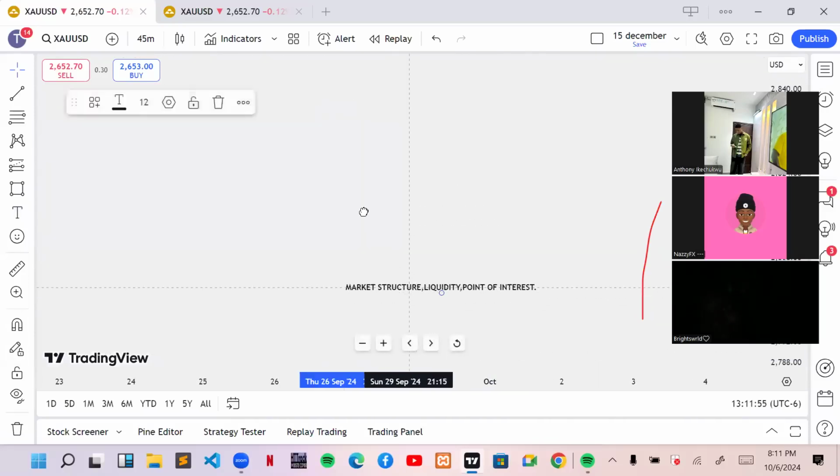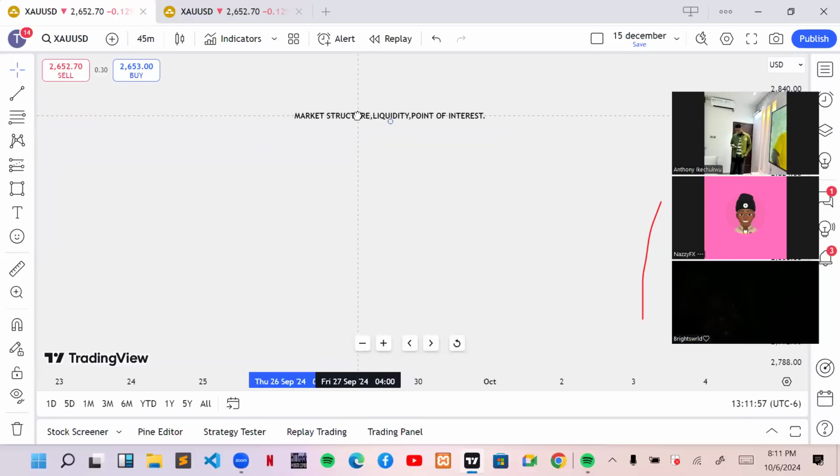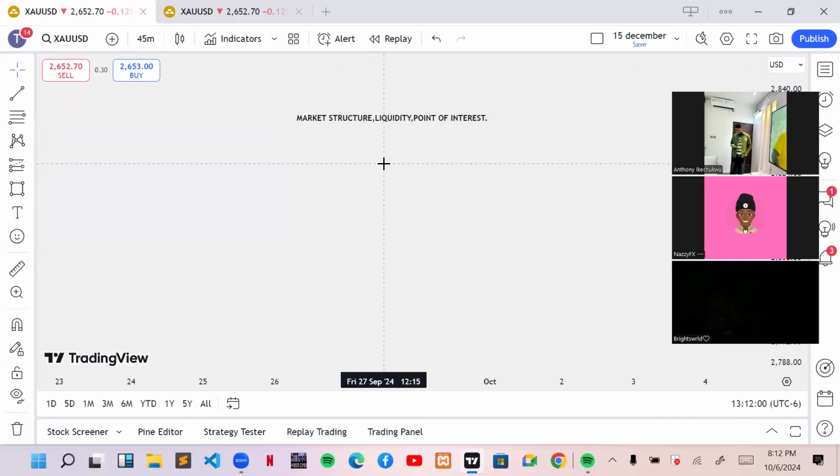This is my trading strategy. I will take the market structure first, then liquidity, then point of interest. So what is market structure?